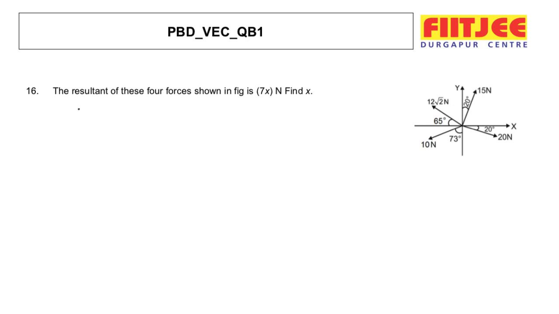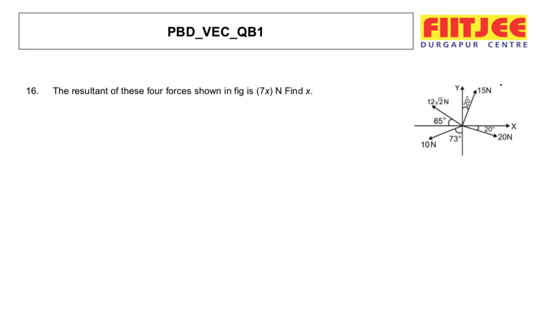The next question says we need to find the resultant of the forces. Now these forces are arranged arbitrarily. If you try to find the actual components of all the forces along this x and y axis, then it will be difficult, because we do not have the values for 20 degrees, 65 degrees in our hand, right?